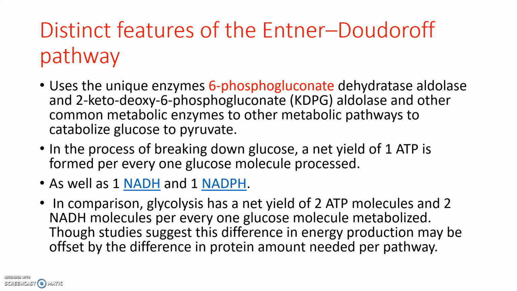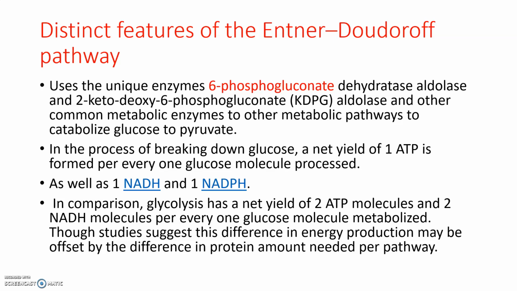In the process of breaking down glucose, there is a net yield of 1 ATP per glucose molecule processed. So in this process, 1 ATP, 1 NADH and 1 NADPH molecules are synthesized as a result of breaking down glucose.